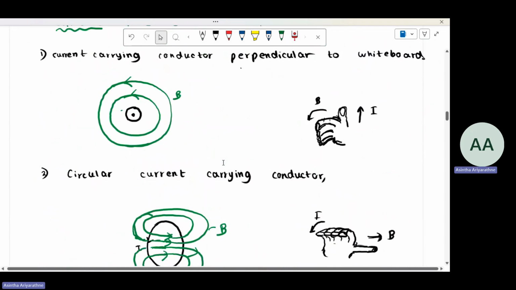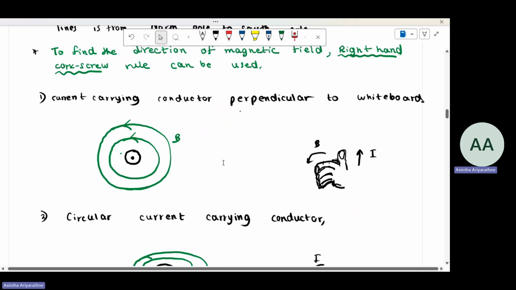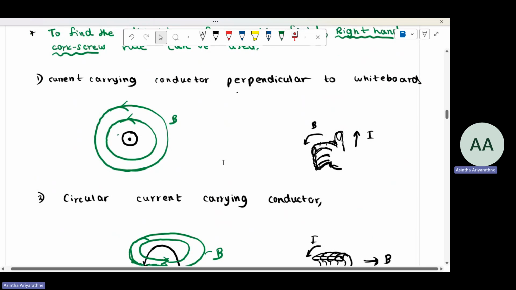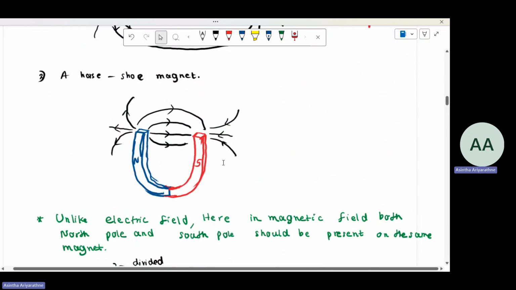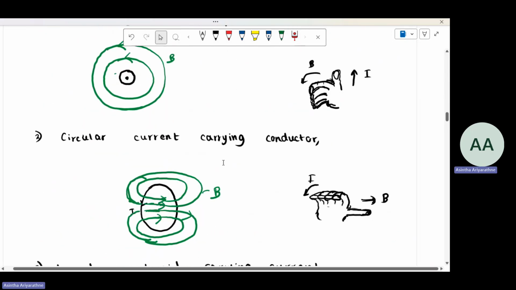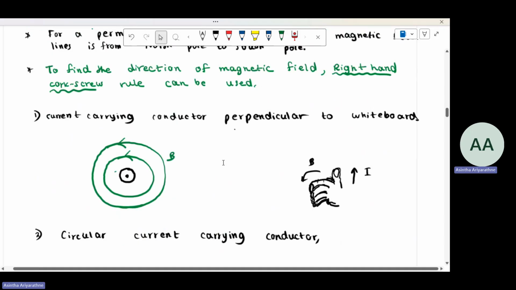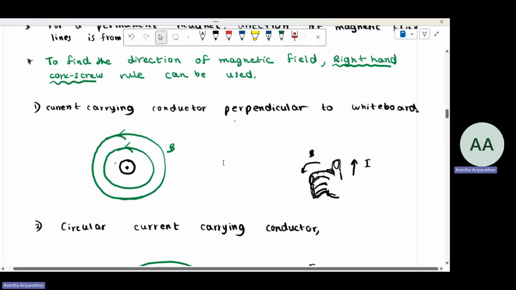Here is the magnetic field around a current carrying conductor. These are called induced magnets, and these two are permanent magnets. To find the direction of the magnetic field, we can use the right hand corkscrew rule.